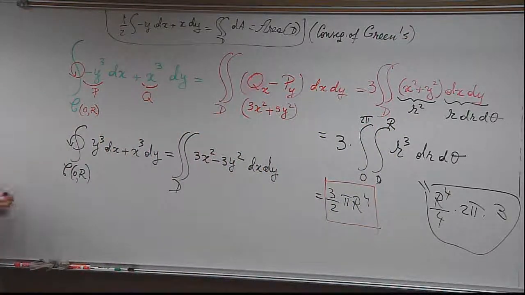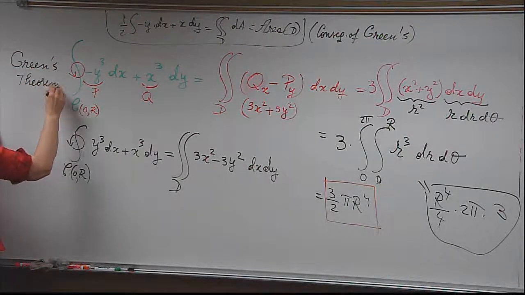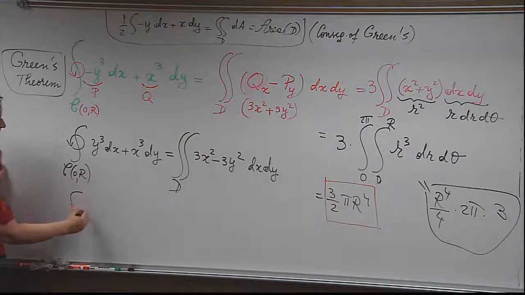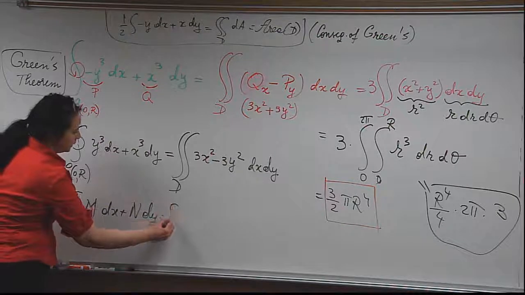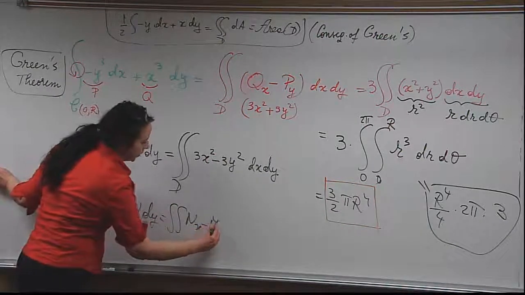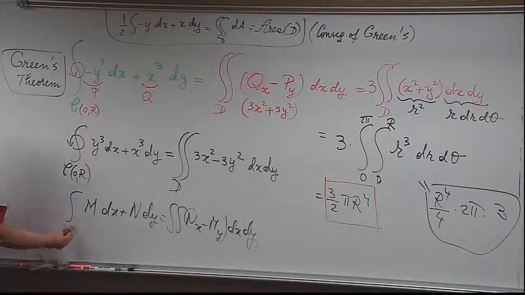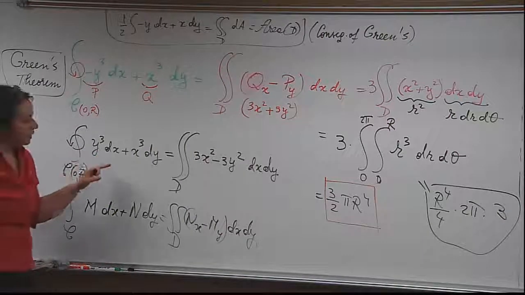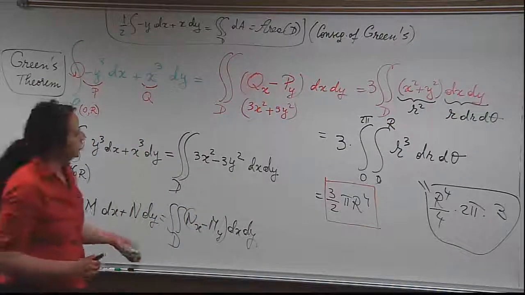But while you were out, this is Green's theorem, the real Green's theorem, the one that was on my t-shirt. There are several Green's identities, but the famous Green's theorem is the one that says, this is what we apply here, the integral of M dx plus N dy equals the double integral of N sub x minus M sub y dx dy over D. So assuming we had this case of maybe me not paying attention or being mean and not wanting to give you a simple problem, what do you do in such a case?